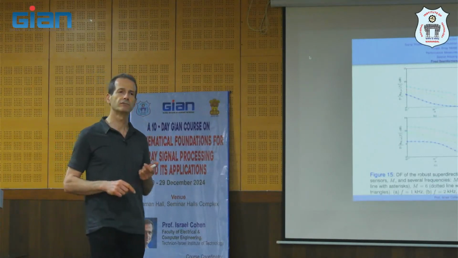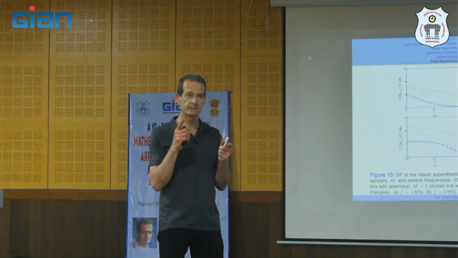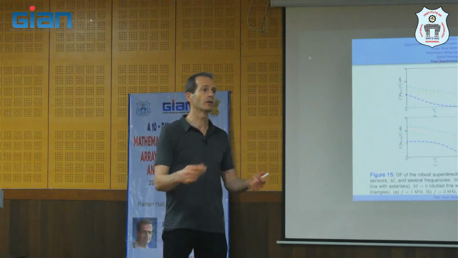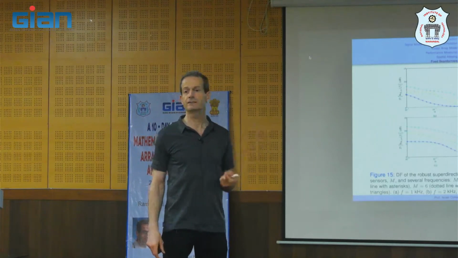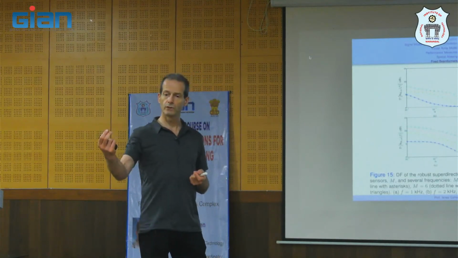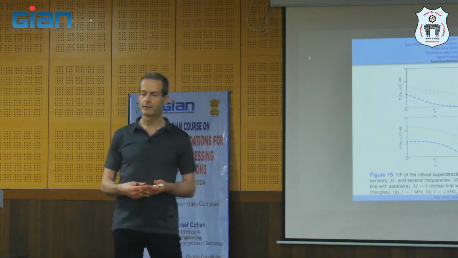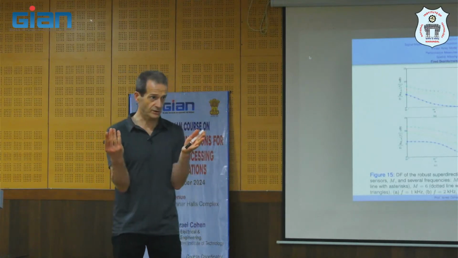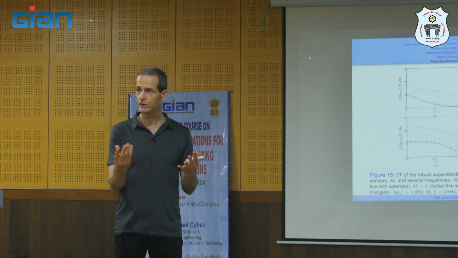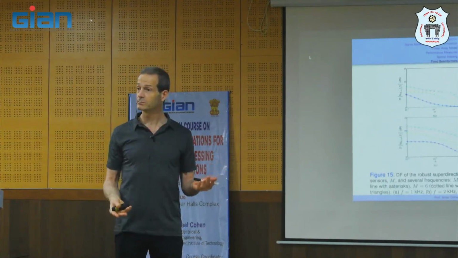And then we can ask ourselves, how is the performance sensitive to differences between the ideal sensors and the actual sensitivity of the sensors? When you look at the specification sheet of a sensor, you need to verify what the error of the manufacturer is regarding the magnitude response, phase response, frequency response, and so on.